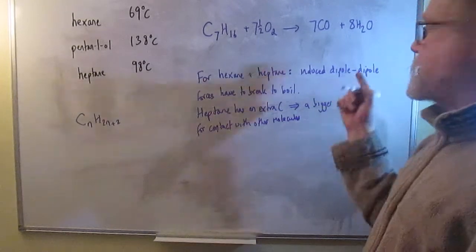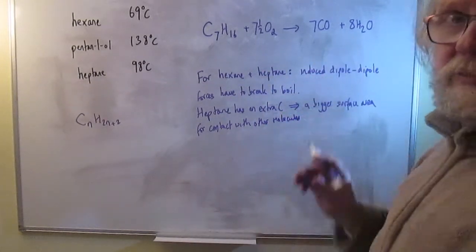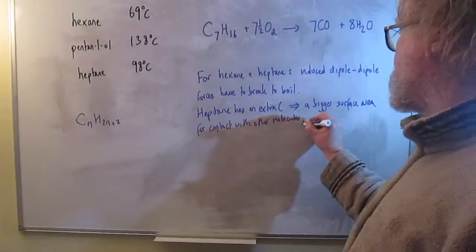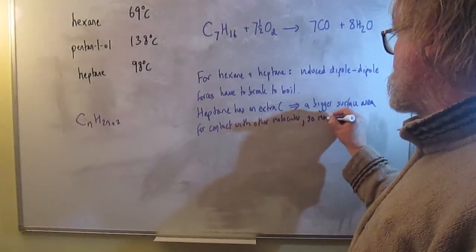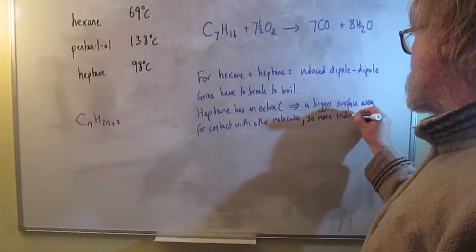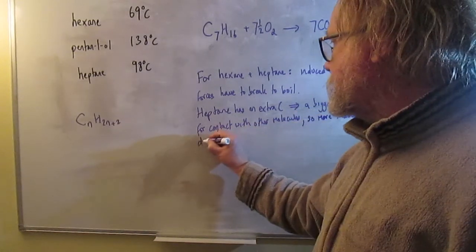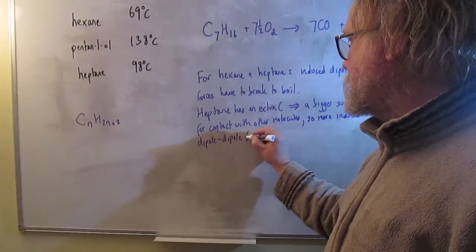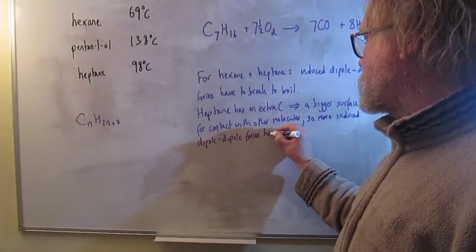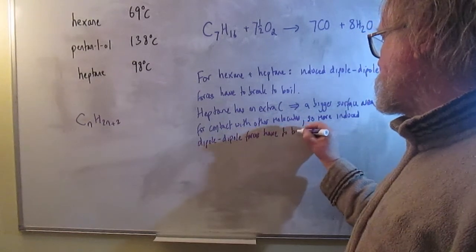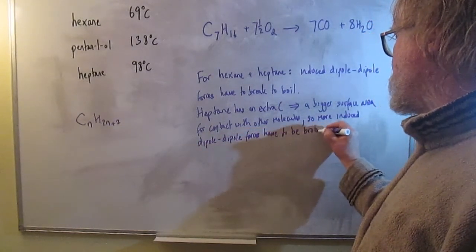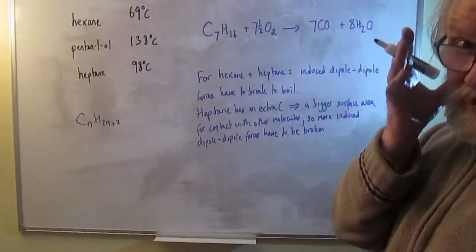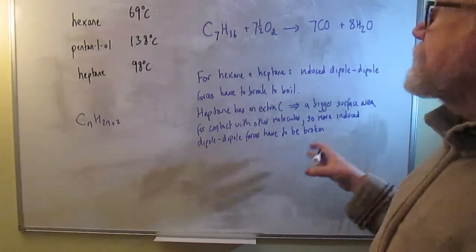And because induced dipole-dipole forces operate from every point on the surface, the bigger the surface area, the more of them you have to break. So more induced dipole-dipole forces have to be broken. And remember that the link between these intermolecular forces and the boiling point is the amount of energy you need to put in to break them.